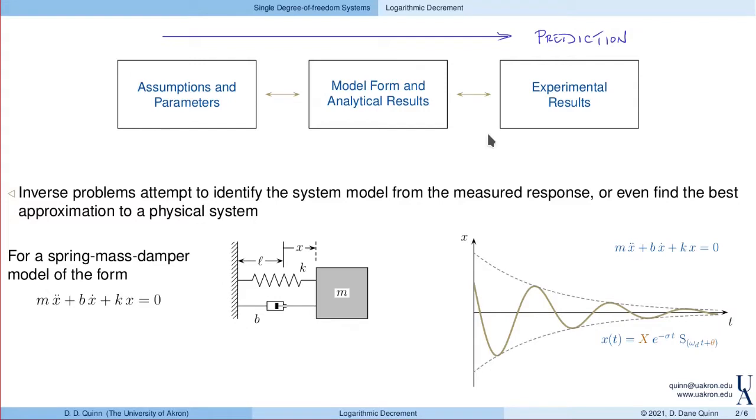Can we obtain estimates for those from the actual experimental results that maybe we have? Right? So we might start off with experimental results and again work our way back in this process and ultimately estimate the model that best fits those experimental results. So again, here now we're talking about identification.